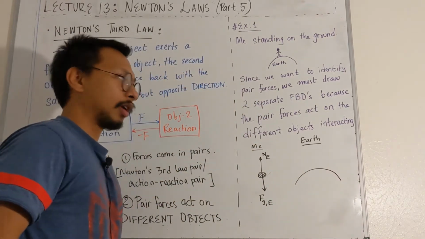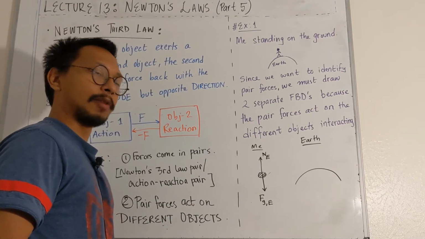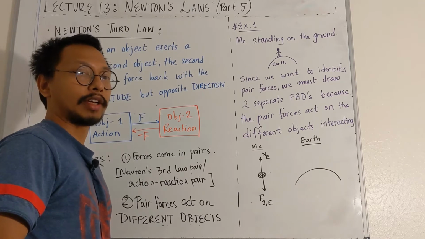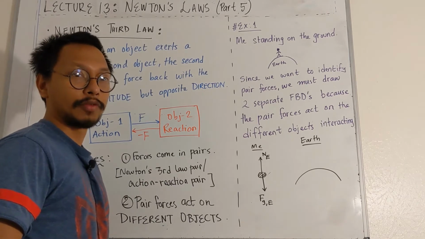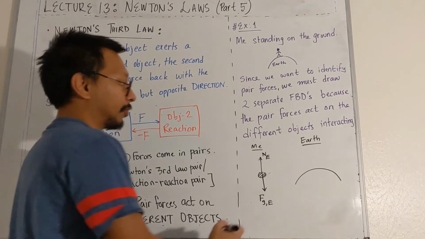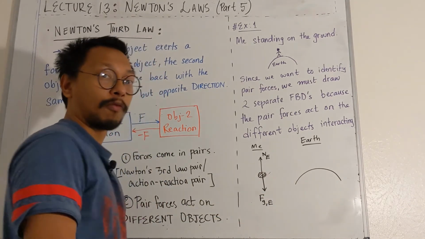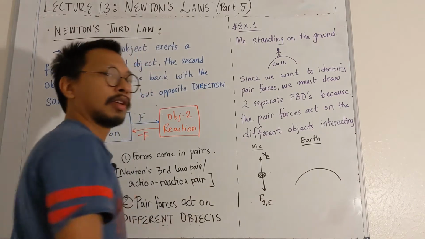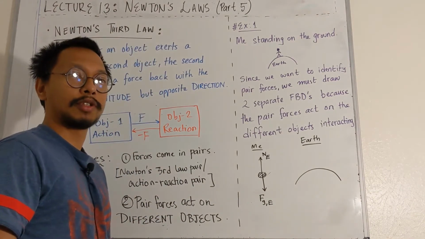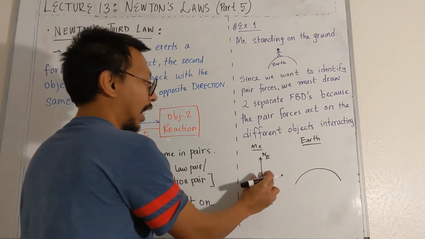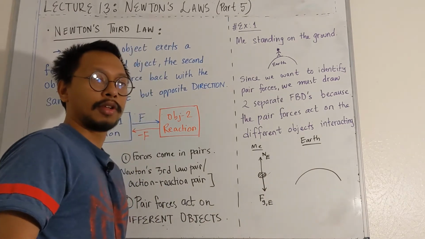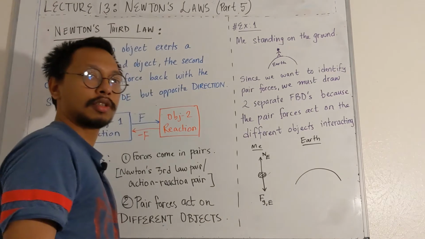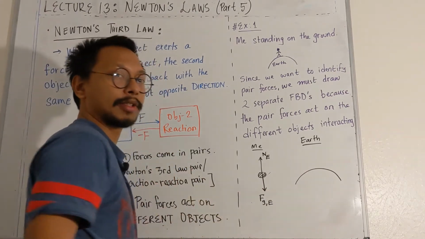Now if you remember, I have once made this statement that any two objects with mass will attract any other object with mass by the force of gravity. Which means, since I have a mass, and of course Earth has a mass, if Earth attracts me with a gravitational force due to my mass, I will attract Earth with a gravitational force due to Earth's mass.